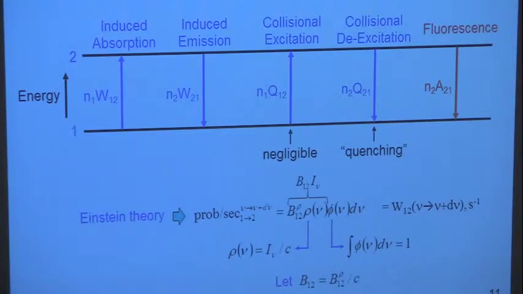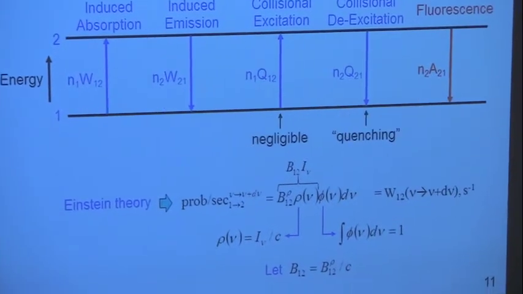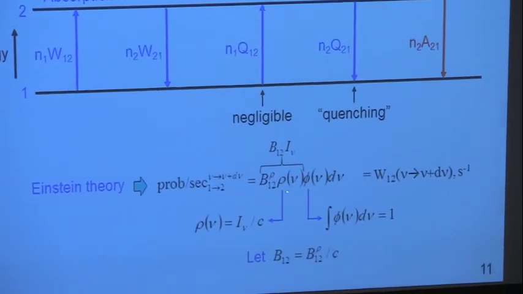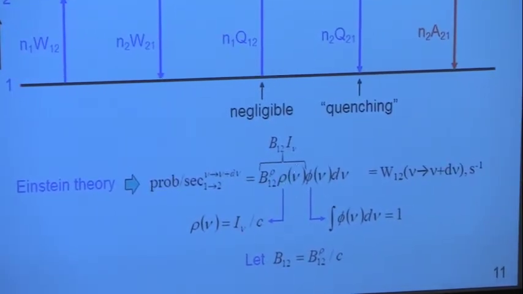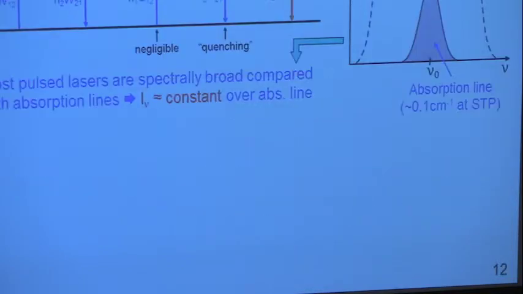But if we have a spectrally narrow laser, we actually have to think of W12 in a specific frequency range. And I don't like the Einstein units. They're kind of crazy, so we always substitute in terms of a laser intensity. Sometimes it's written with a rho, and there are different ways of writing this thing. So I just quickly substitute in terms of the laser intensity. It's easier to keep track of.